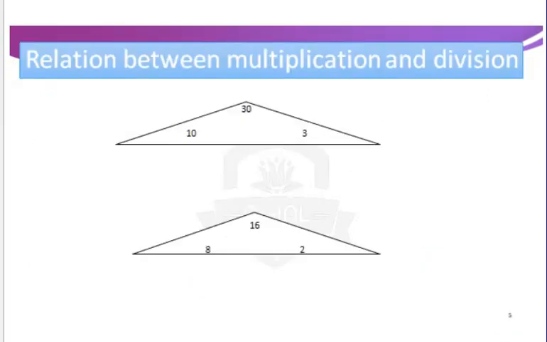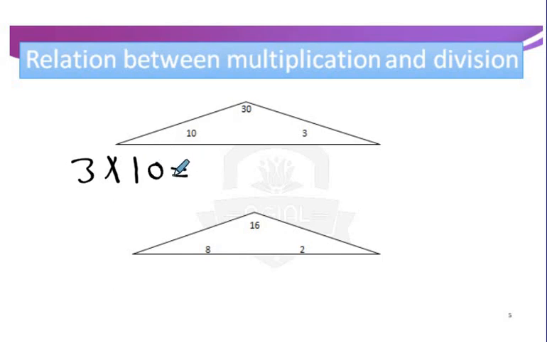Now, we will learn relation between multiplication and division. We have relation between multiplication and division. If we have 3 numbers like it, 3, 10, and 30, and 2, 8, 16, we have relation between them. If we multiply 2 small numbers, if we multiply 3, multiply 10, equal what?